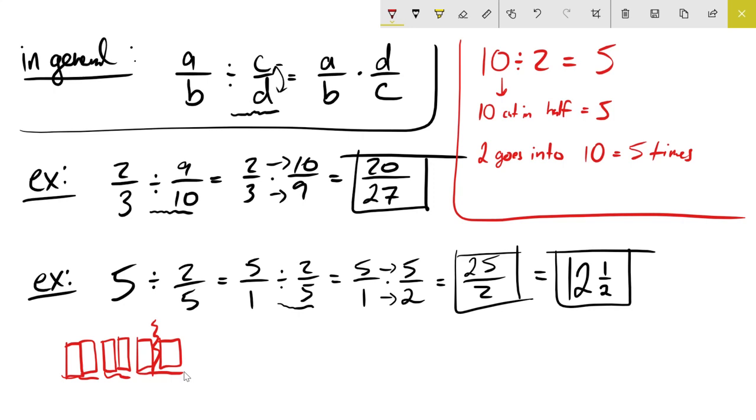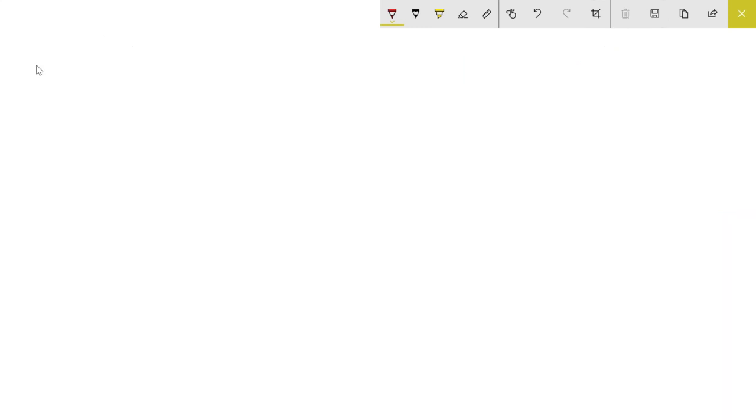Yeah? Okay. So the rules for mixed numbers or anything like that, the same thing applies. What if I had something like 10 elevenths divided by 5?